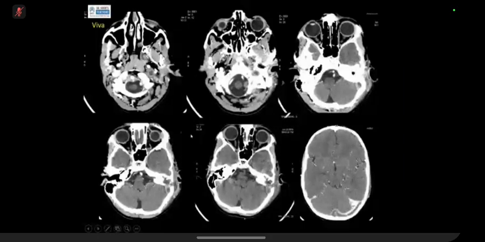So these are still images of the contrast-enhanced CT of the base of the skull and lower parts of the brain. There is a low density filling defect seen within the sigmoid sinus, and there appears to be bony irregularity and disruption at that area. So I'm suspicious of a thrombus.